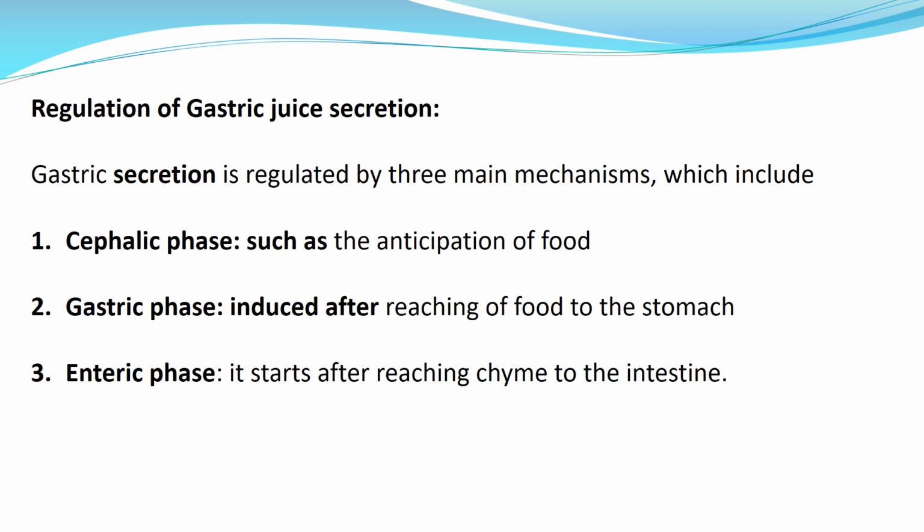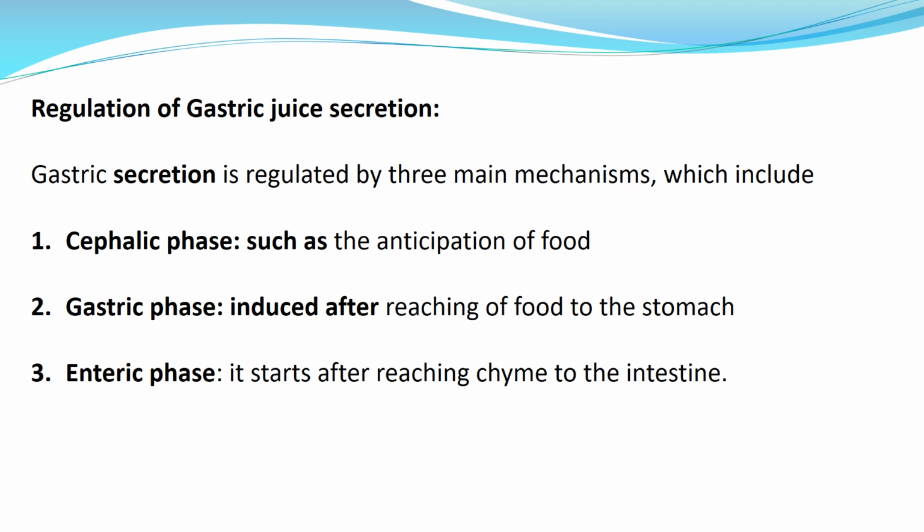Regulation of gastric juice excretion. The gastric excretion is regulated by three main mechanisms. But let us say overall the gastrointestinal excretion can be regulated by these factors or these stimuli. The first one is called the cephalic phase.